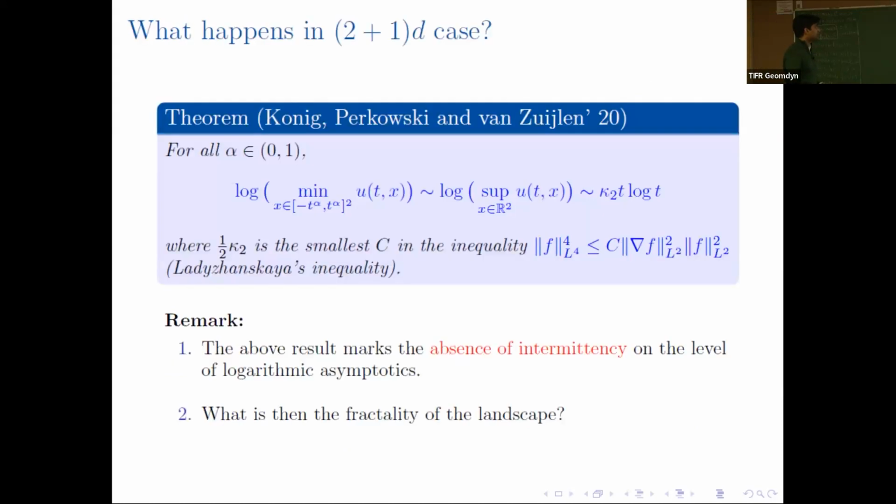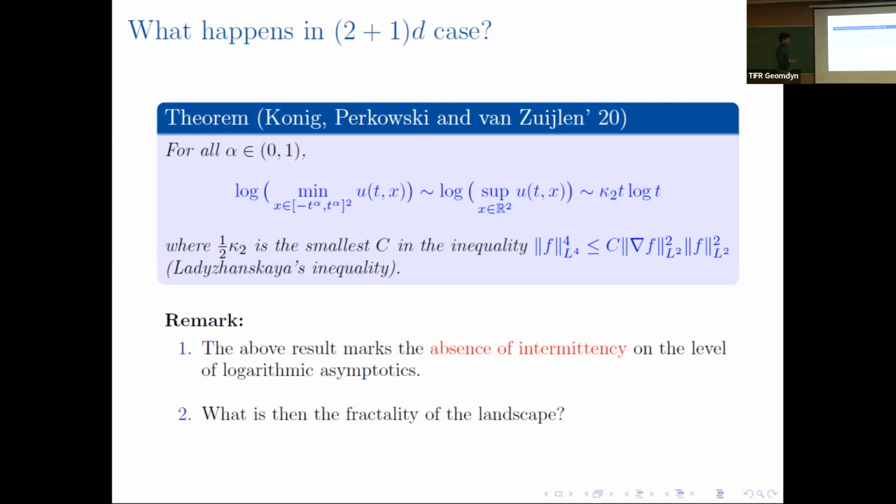Okay, so what's going on in this 2+1D case? There is one particular result which drew me and my collaborator to this case. There is this very interesting work by König, Perkowski, and Van Zuijlen in 2020.